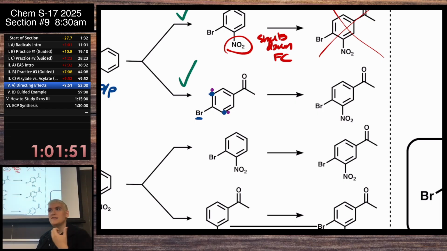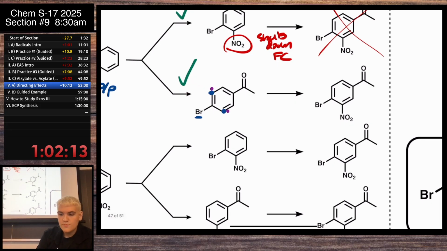Both of the directing effects agree. So, will we be able to add our nitro group at the correct place? Yeah. And it might be like, well, how do we control this side versus this side? This is a flat molecule. We could pancake flip it. And like this with the nitro group added here is going to be the exact same thing as the nitro group added here, because it's flat and planar. So this route works.